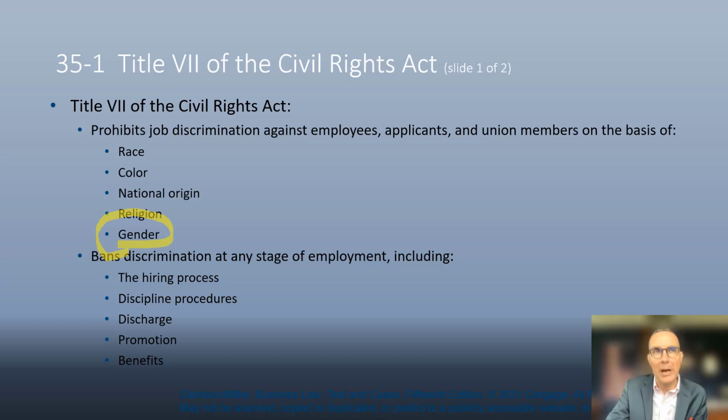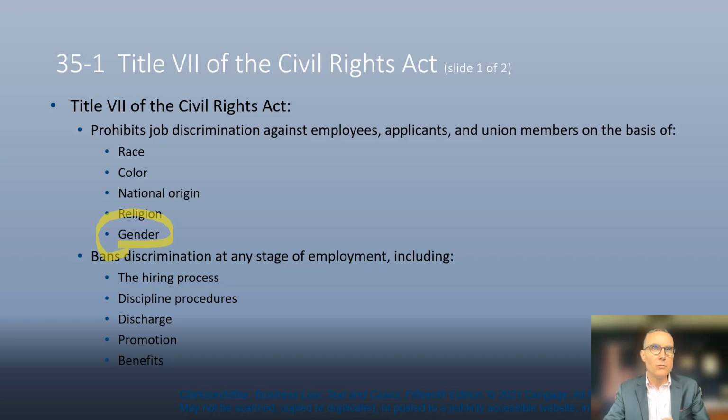It expanded the protections by the plain language of Title VII to things like sexual orientation, transgender persons, and things like that. So I'm going to use the word sex, but gender also is probably appropriate too.